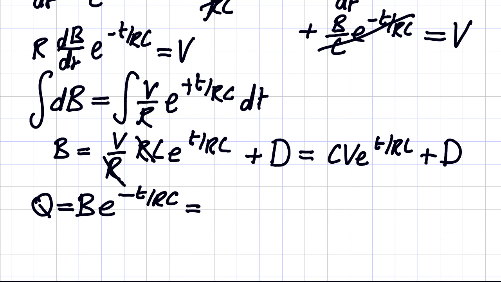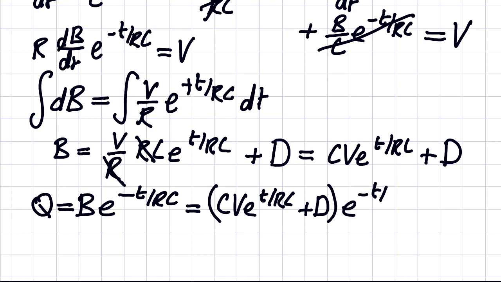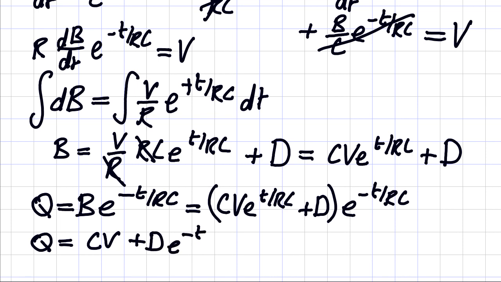That's going to tell me that Q is CV e to the t over RC plus D, all times e to the minus t over RC. I can multiply this out and use the fact that e to the plus t over RC times e to the minus t over RC is 1. So that's going to give me Q is CV plus D times e to the minus t over RC.